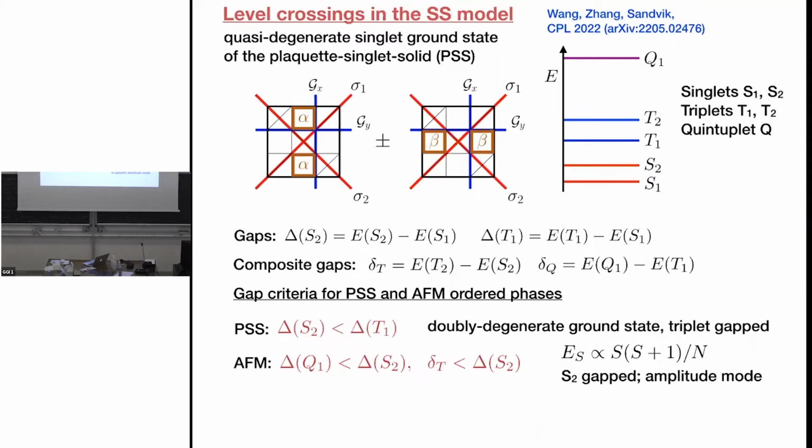If you have antiferromagnetic long-range order, then you should have these Anderson rotor states as the lowest excitations. That means this quintuplet that we are looking at, the S=2 state, should be lower than your second singlet state, because the second singlet should not be part of the tower.